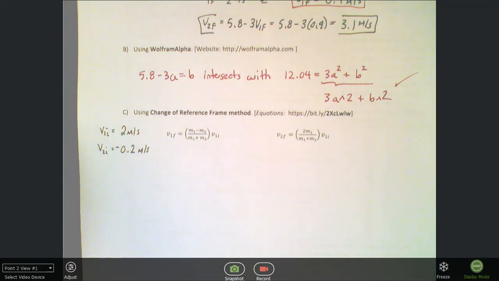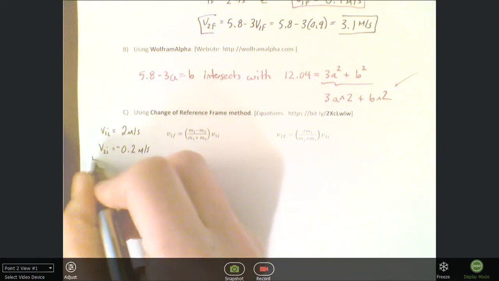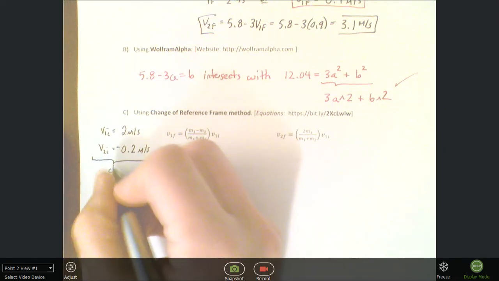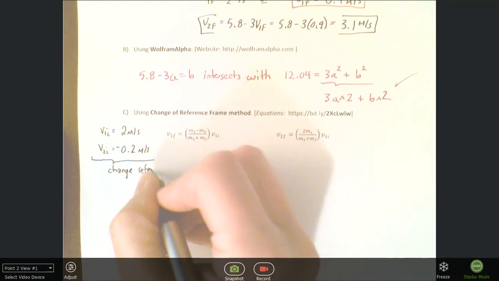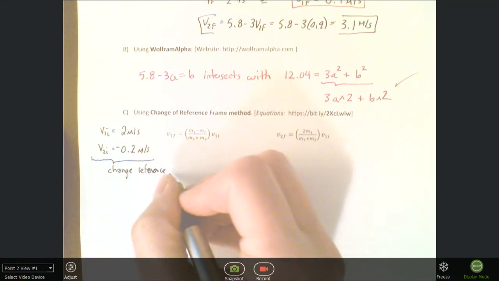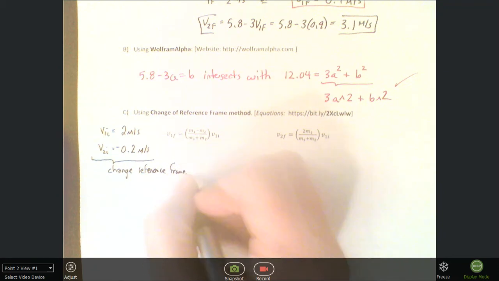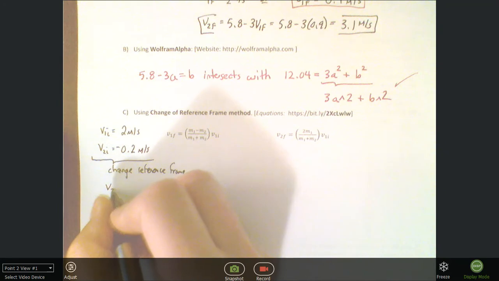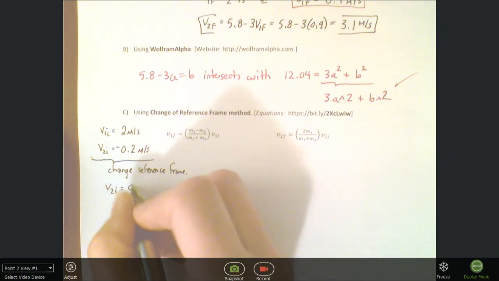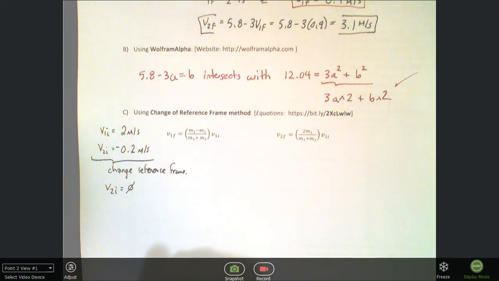Let's pretend that the second object was stationary. So we're going to change reference frame. Now, when we're changing the reference frame, what we're going to say is that V2I was 0. It's stationary.